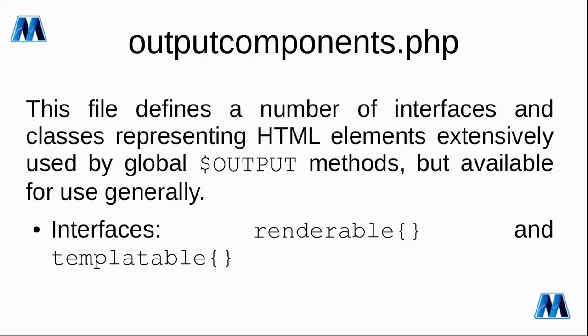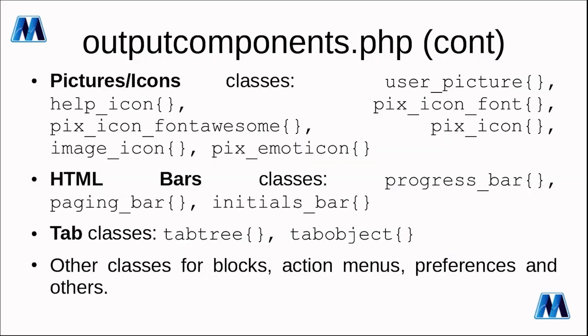Okay. So the output components PHP defines a number of interfaces representing HTML elements, which are extensively used by the output methods. So generally, you implement interfaces renderable and templatable when you're working with this file.